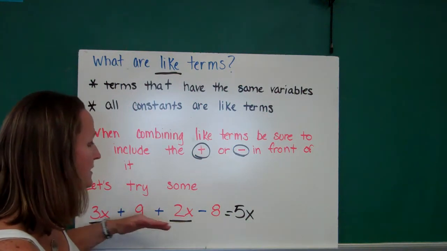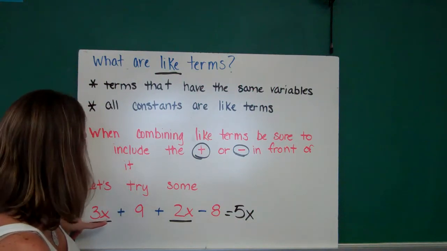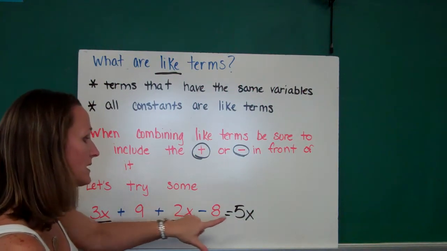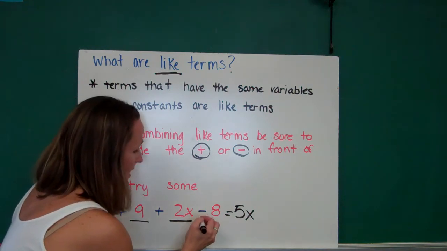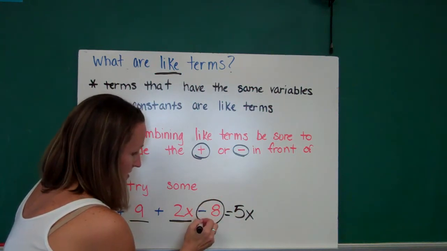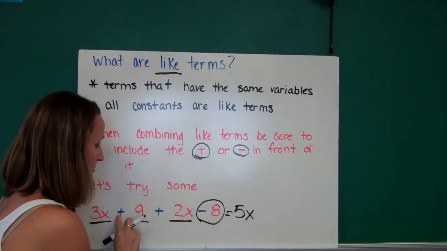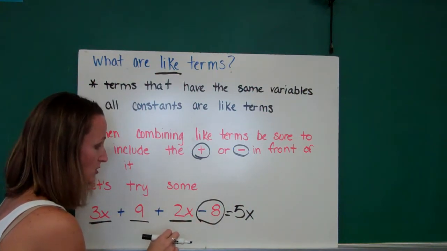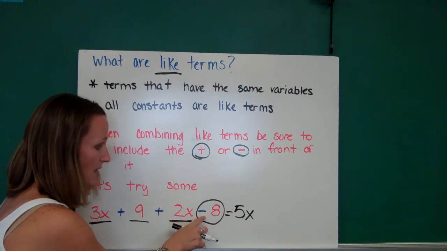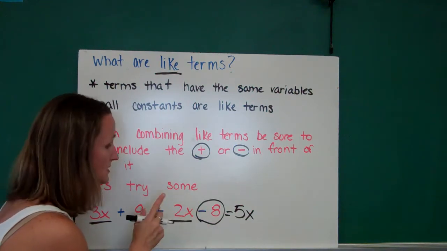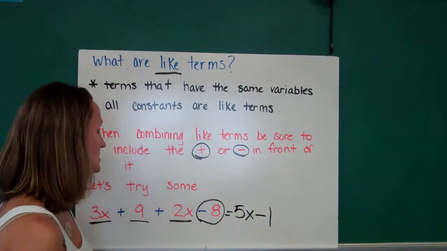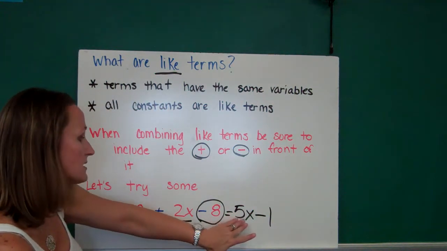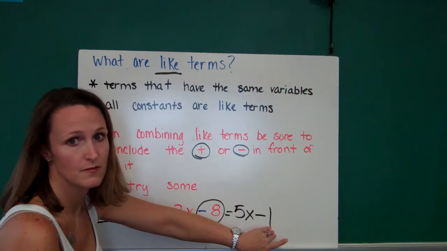We are adding here, not multiplying or dividing. So we just add 3x plus 2x. It becomes 5x. Now, we have 9 and we have negative 8. Remember, whatever the plus or minus is in front of it goes with it. So 9 and negative 8, think back to your integer rules, it's the same as 9 minus 8, which becomes 1. So when we combine these like terms, our answer becomes 5x plus 1.